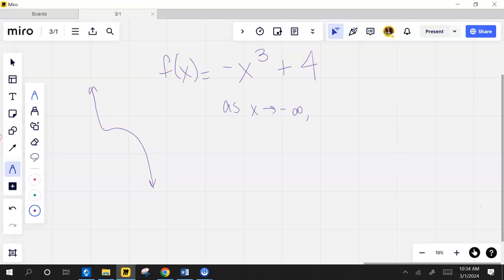F of x approaches positive infinity. Why? Because this is the left side going up, right? That's what this means. I'm just telling you that's what that means. Does that make sense? How about the other side?